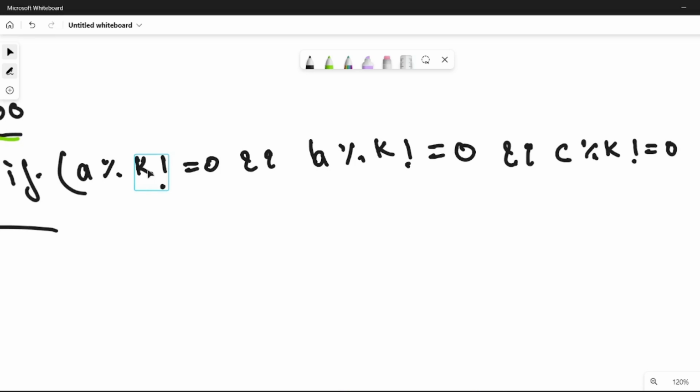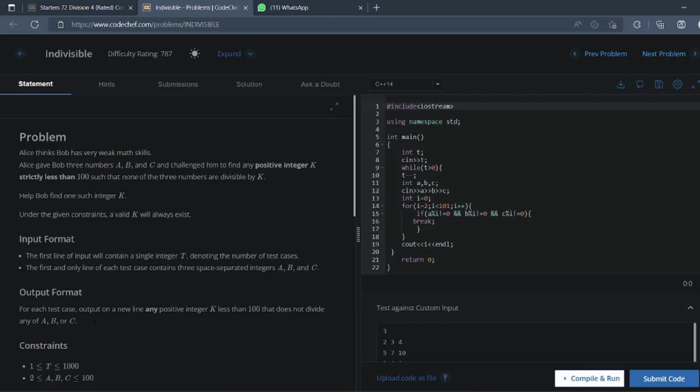Now let's find k. We'll use a for loop before our if statement, a for loop over k, I'm sorry.